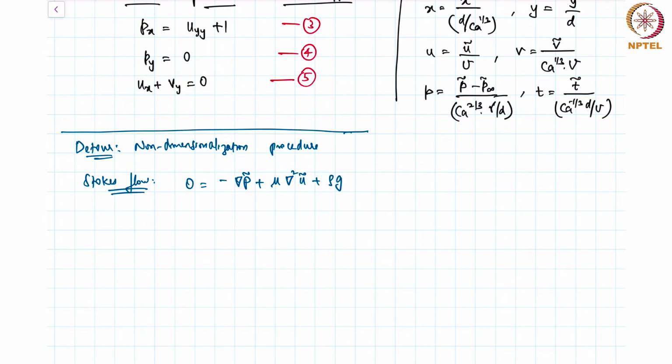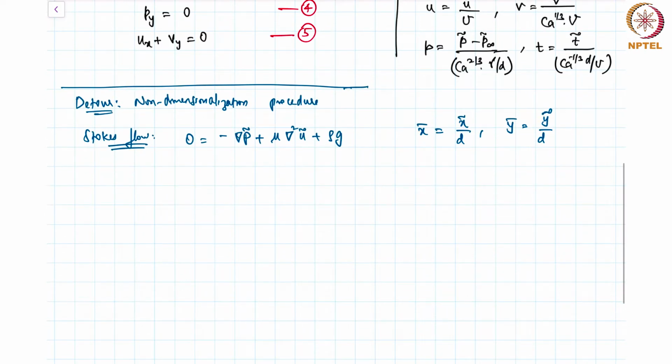We can just say x bar is x by D and y bar is y tilde by D. Similarly, we can do the same thing for velocity. U bar is u tilde by capital U, v bar is v tilde by capital U again. So there is no variation. We haven't introduced the lubrication approximation yet.